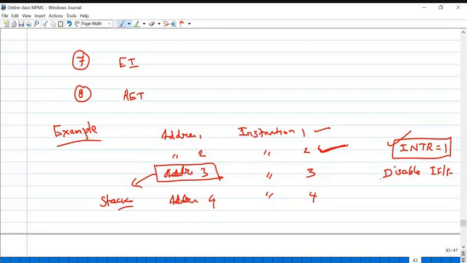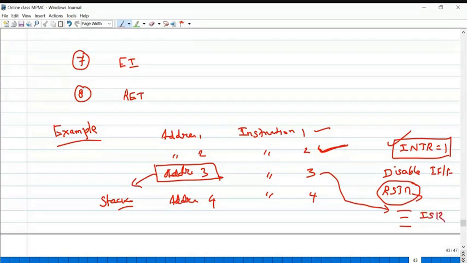Then, depending on the RSTN value, the execution flow goes to that particular address location. This is the interrupt service routine.